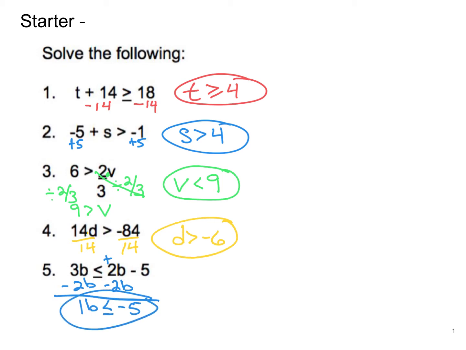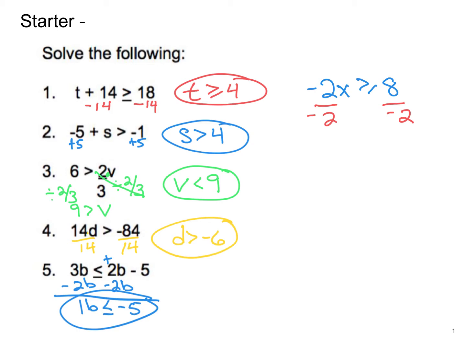The one thing about inequalities that we need to remember is that, let's say I had negative 2x greater than or equal to 8. If I multiply or divide by a negative on both sides of the inequality, that is when I'm going to flip my sign.